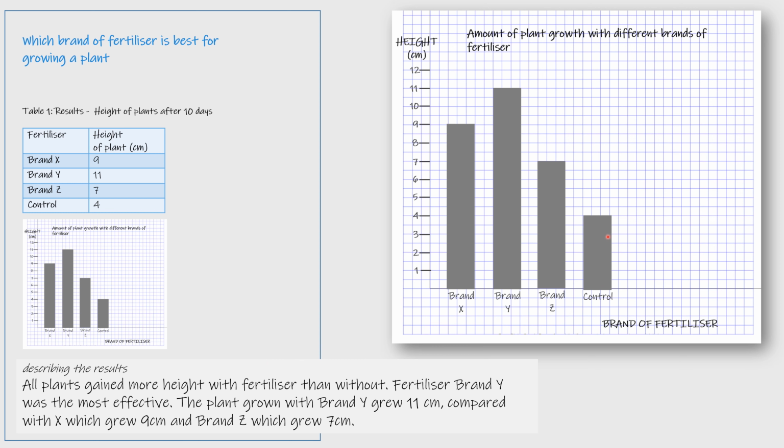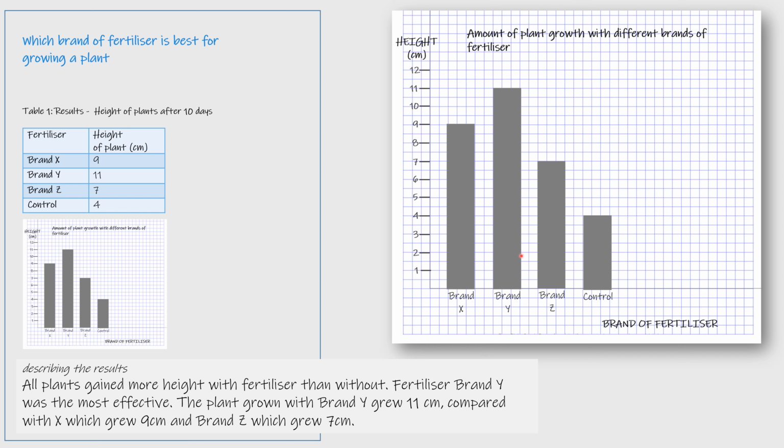If you have a look at your control here, the control only got up to 4 centimeters, but with fertilizer, the three of them were better. So it was better to use fertilizer than not to use fertilizer. We say that right from the beginning: all plants gain more height with fertilizer than without.